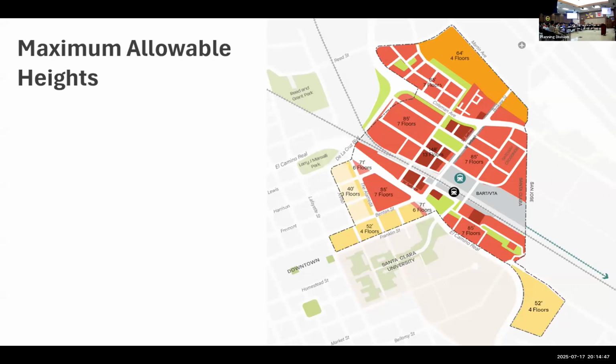I think the reason that we established that height is because we want this to remain a light industrial area, but we want to add to it a broader spectrum of allowable uses, so that we could get maybe some R&D, maybe some labs, and then some of the activators that we've talked about, like an urban winery and things like that to get people up there and activate it.